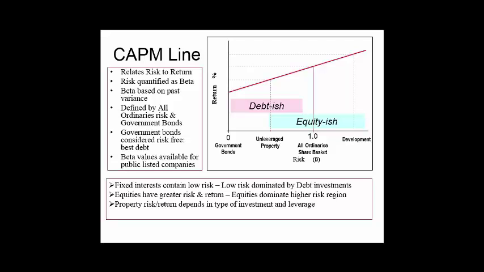Now, because betas are worked out in terms of a statistical analysis of the variance of returns from public listed companies, to be able to set a beta on any particular property investment is very difficult. This applies both to straight property investments, say leveraged or unleveraged, but also on development projects, because each development project tends to be unique.